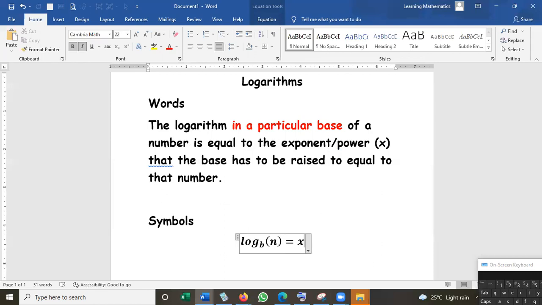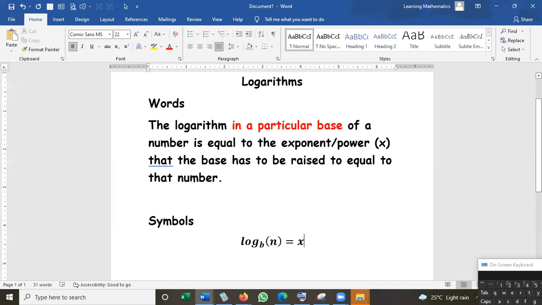Or we can use y. Doesn't matter. This and that are expressing the same thing. The logarithm in a particular base of a number is equal to the exponent that the base has to be raised to be equal to that number.